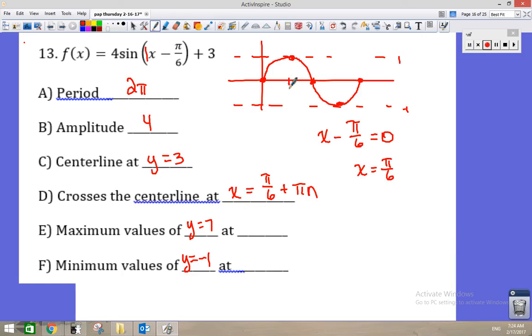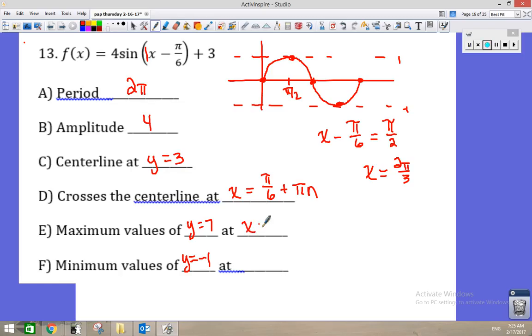Now, what about maximum values? For sine curve, that's going to occur at pi over 2. So if we find the value of x that this expression is equal to pi over 2, then we'll be in business. So if we add pi over 6 to each side, we'll get 4 pi over 6, which is 2 pi over 3.